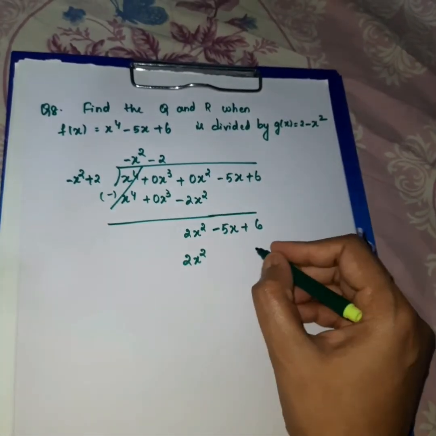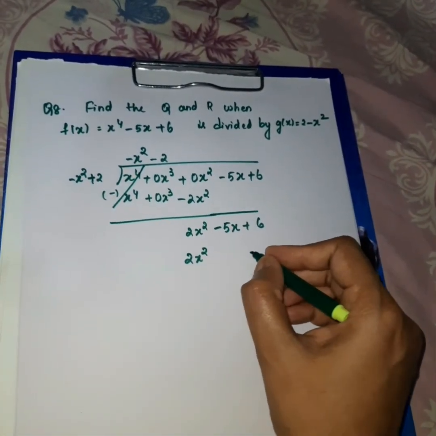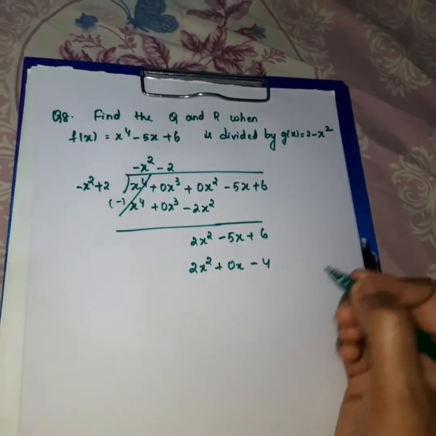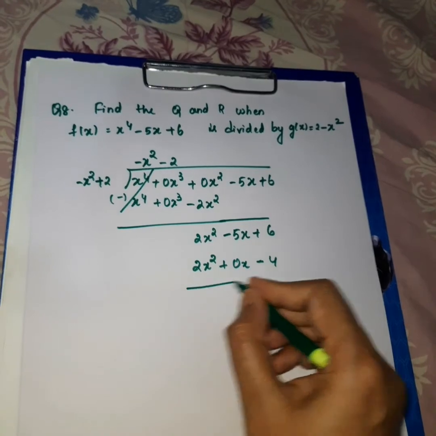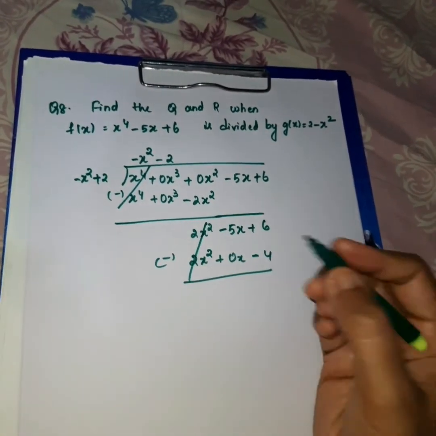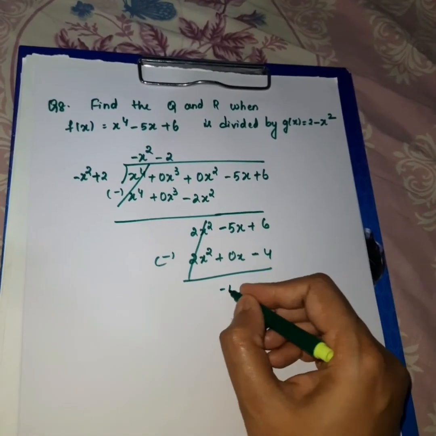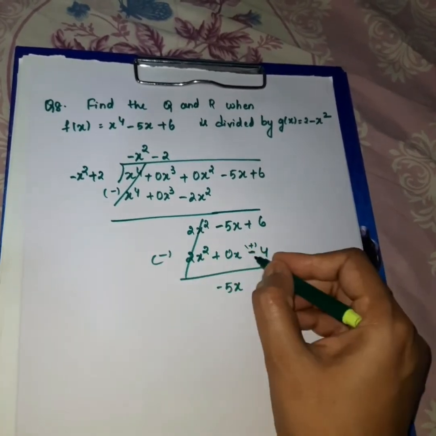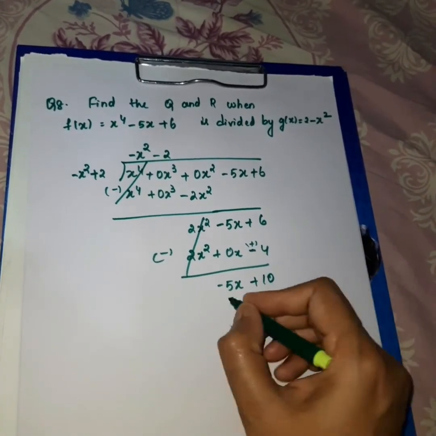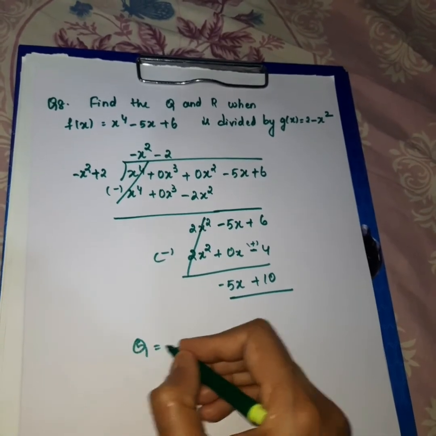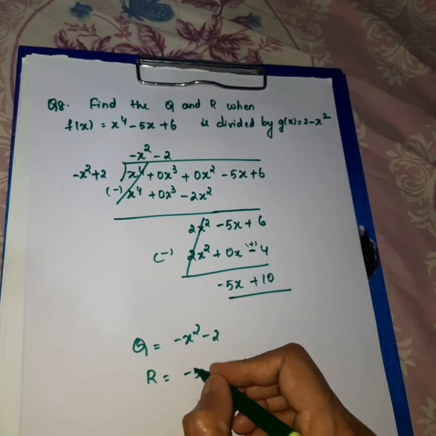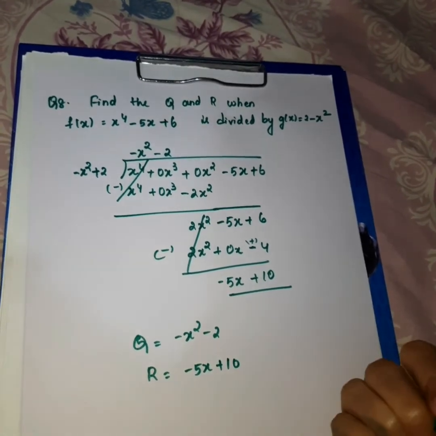So we just substitute it as 0x. Now by again subtracting, the x square term goes off. Minus 5x, minus into minus becomes plus 4. So 10 plus 10. So here the quotient is minus x square minus 2 and the remainder is minus 5x plus 10.